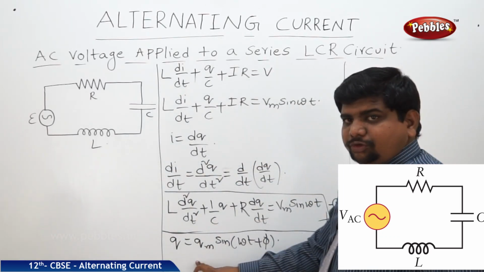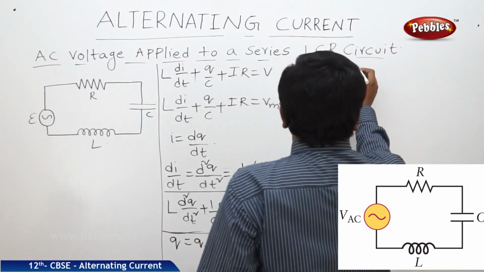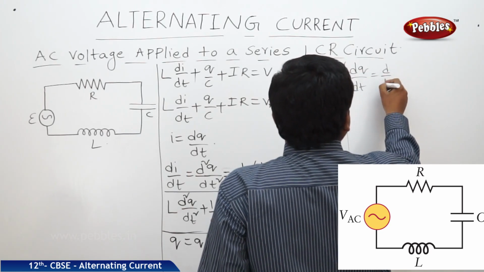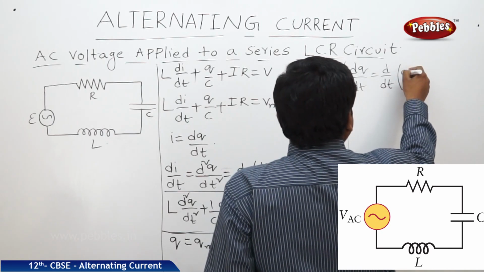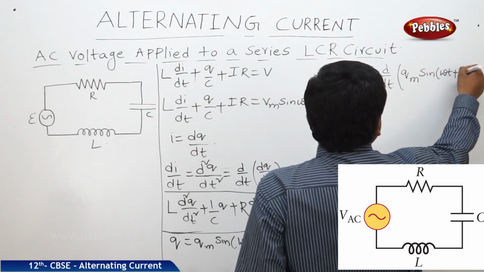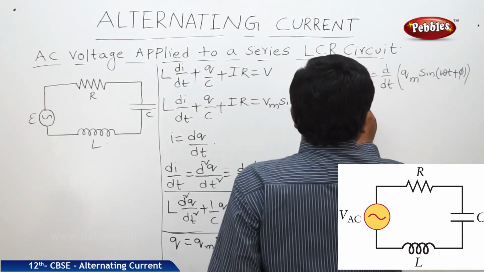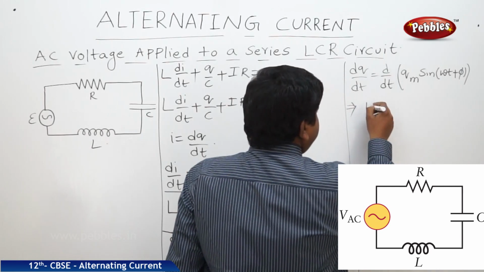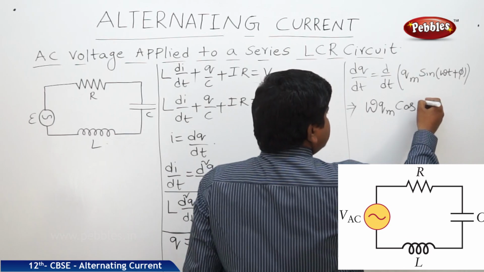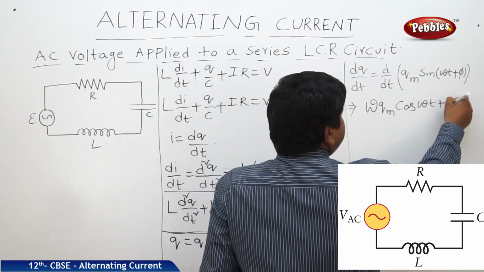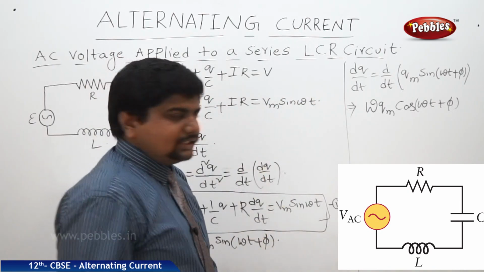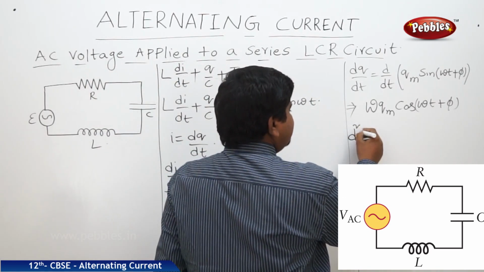If q is equal to qm sin of omega t plus phi, what about dq by dt? It is d by dt of qm sin omega t plus phi. The answer is omega qm cos omega t plus phi. This is dq by dt. And what about d square q by dt square?